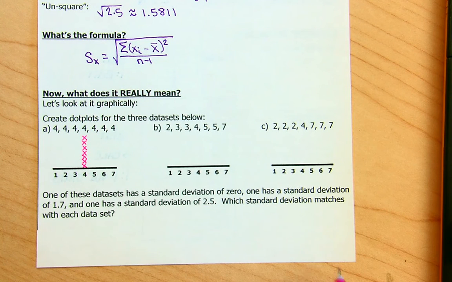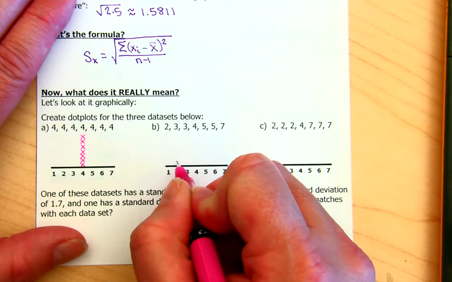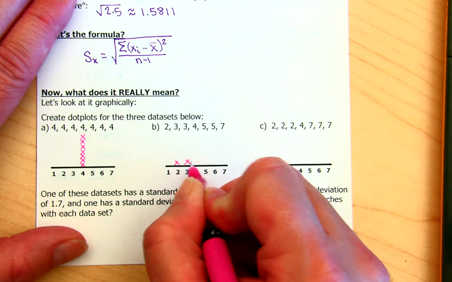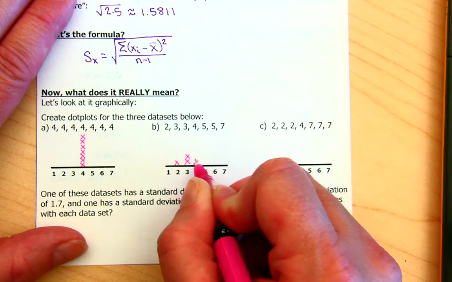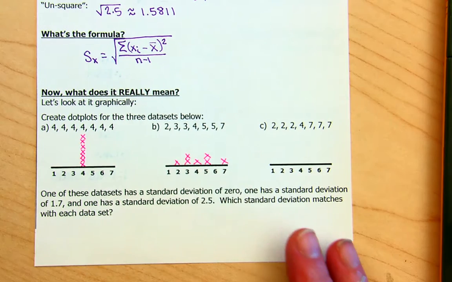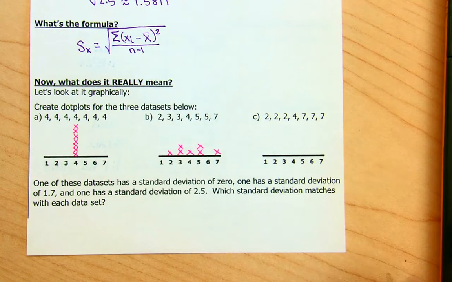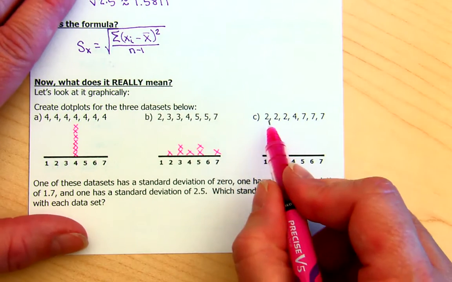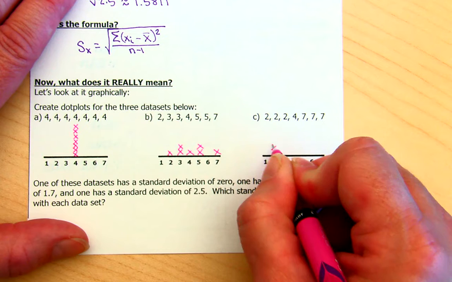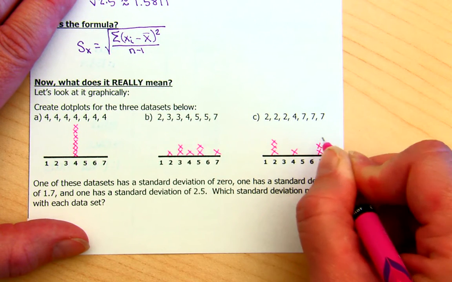It's a pretty simple dot plot. If we create a dot plot for this middle one, we have a 2, we have 2 3s, a 4, 2 5s, and a 7. This last one, we have 3 2s, a 4, and 3 7s.